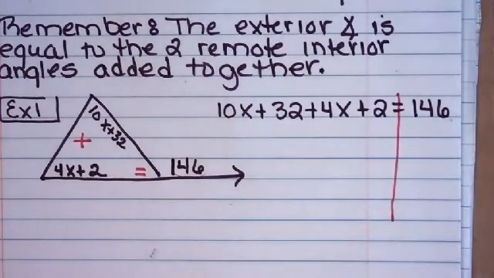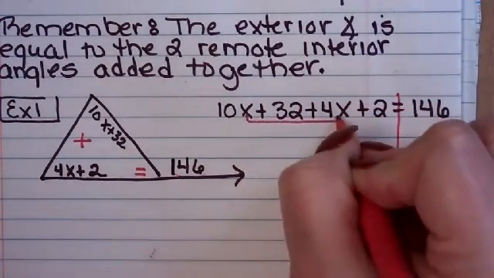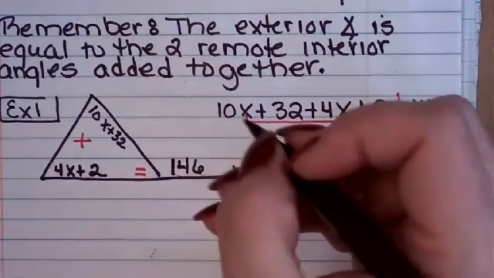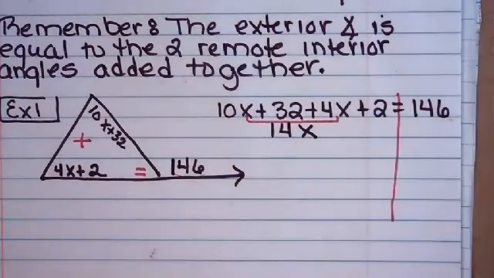Okay? Now, we know the first thing we're going to do is combine our like terms. So that means what? I'm going to put the 10x and the 4x together. So 10x plus 4x is going to give me 14x.